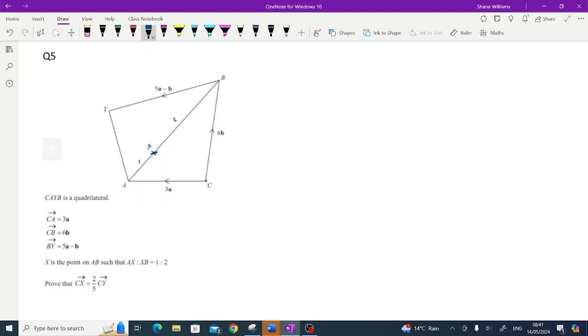So I could go via A, or I could go via B. Let's go via A. So C to X equals C to A plus a third of A to B. C to A we know to be 3a, and a third of A to B. Now A to B would be going back here to C and then up to B, so that will be minus 3a plus 6b. So that gives me in total 2a and 2b.